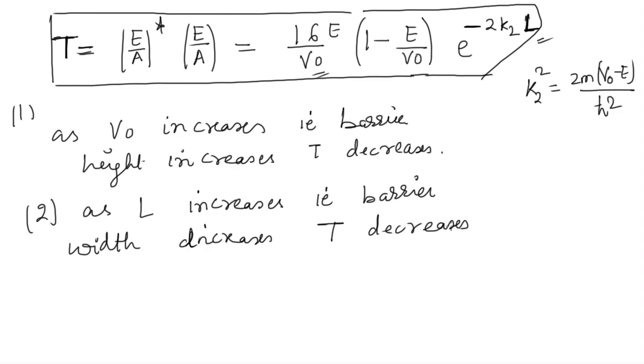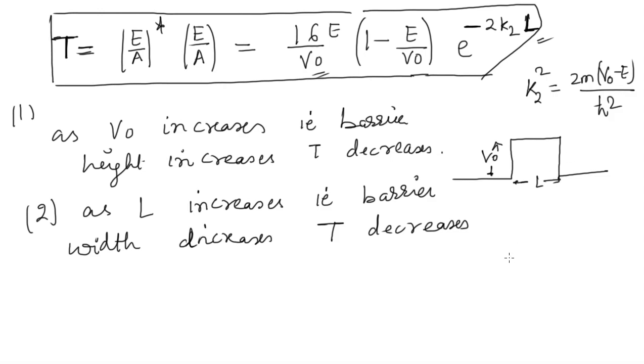Again, this is very obvious. So there are two factors here: this is my V0, and this is my L. As V0 increases, T decreases. As L increases, again T decreases. So in both cases, T decreases.